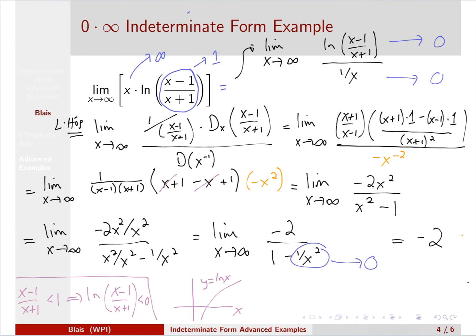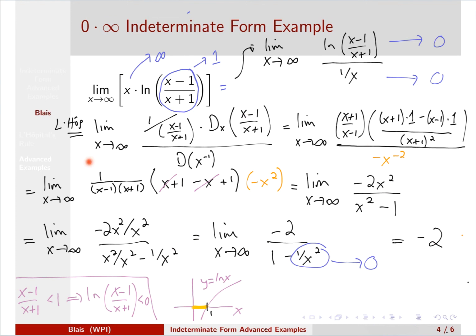If you have a value of x less than 1, which would be in this range here, the natural log of that term is negative. So it makes sense to get an answer of minus 2.